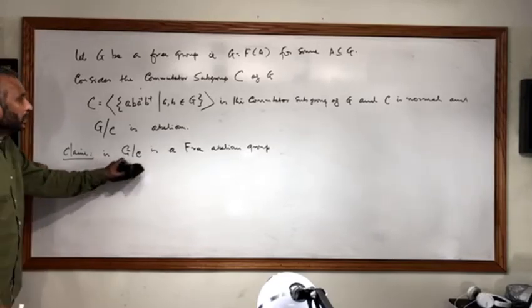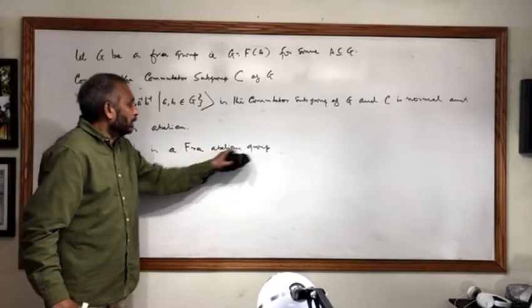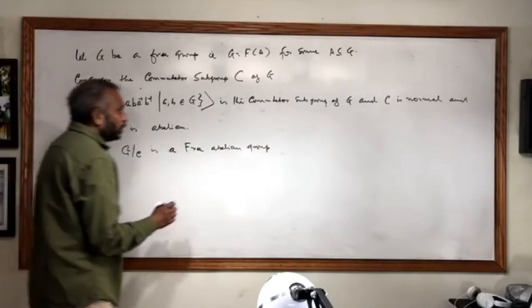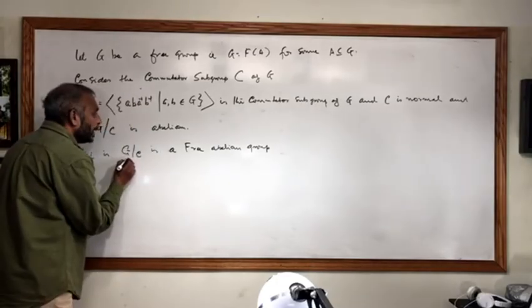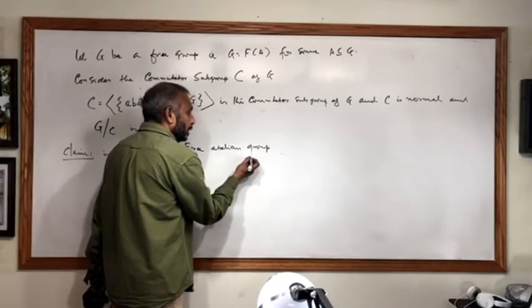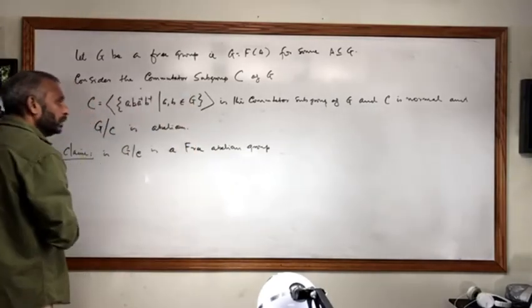How do you prove this is a free abelian group? It's already abelian. All we need is that it is generated by a linearly independent set. Okay.